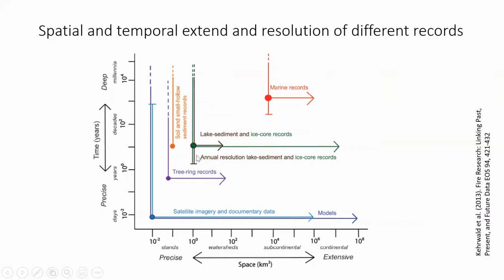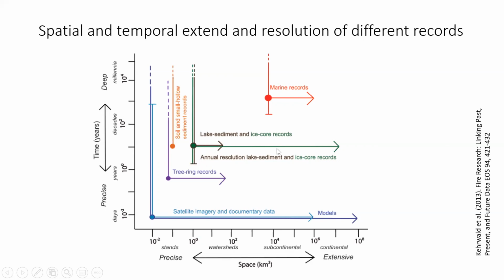Then there are the lake sediment, peat layers and ice core records, where you can have temporal resolution usually up to 10 years, or if you have varved lake sediment you can have higher, but usually it's 10 or 100 years.